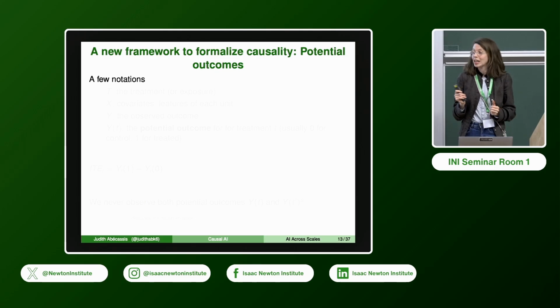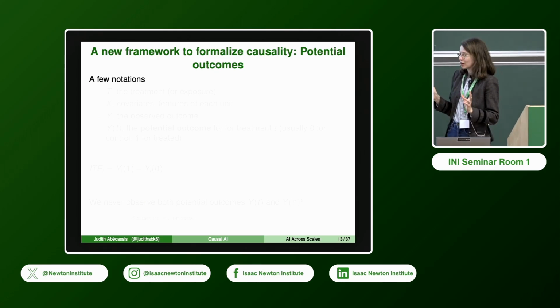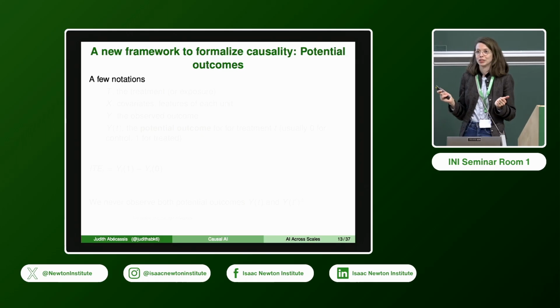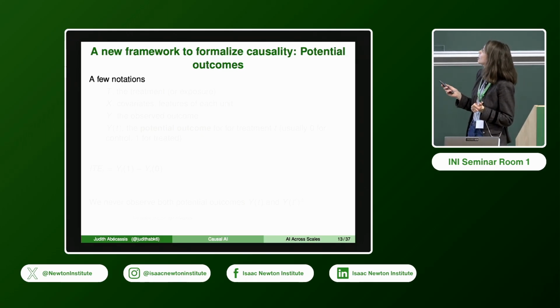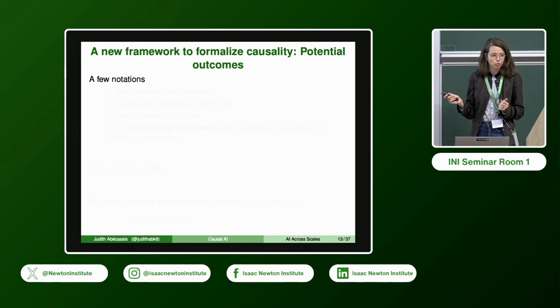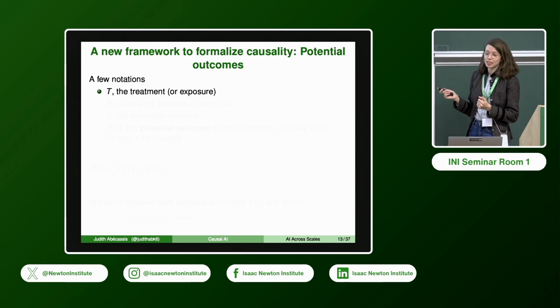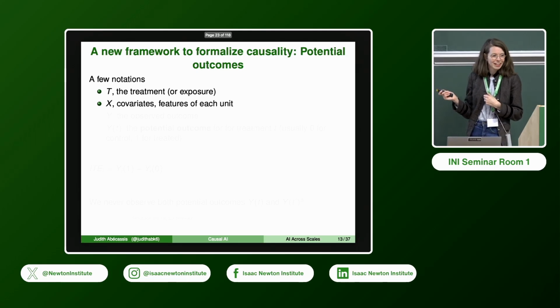So now coming to how we are going to mathematically distinguish those causal problems from predictive problems. We are going to live in the potential outcomes framework. There are other causality frameworks that I'm not going to show today. So we are considering T, the treatment or exposure, because sometimes it can be harmful.